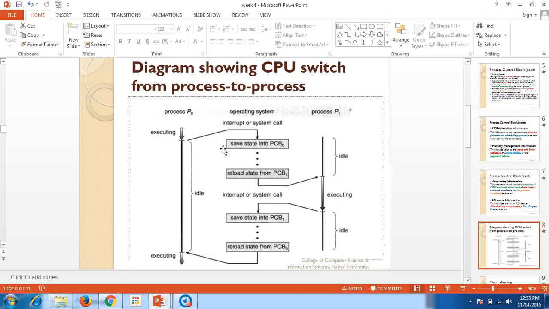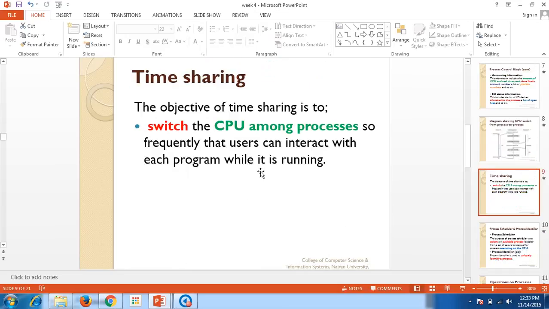So sometimes a process is executing, sometimes idle, and when an interrupt or any system call comes, we need to stop the process and we need to reload the process. So there is a way how we have to stop the process and how we can reload the process.